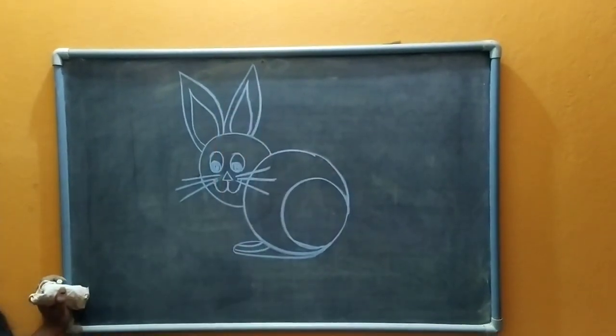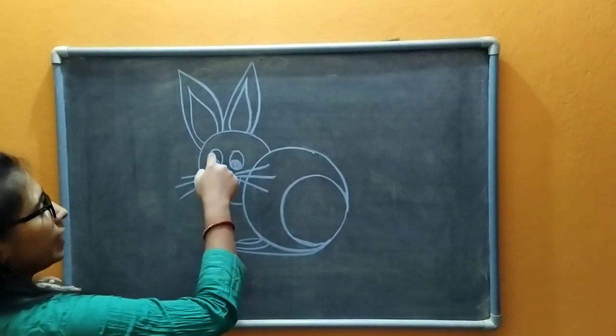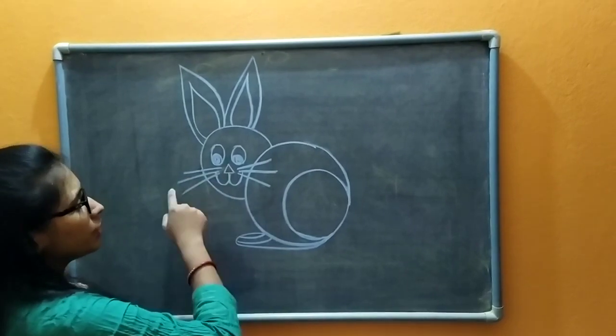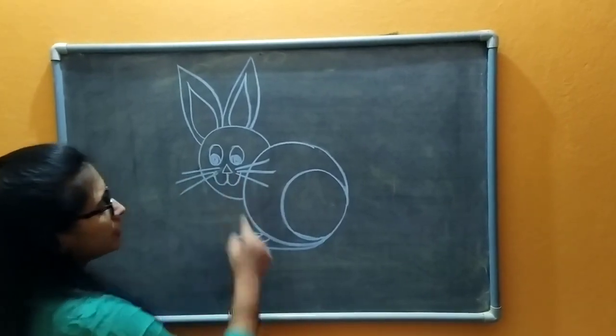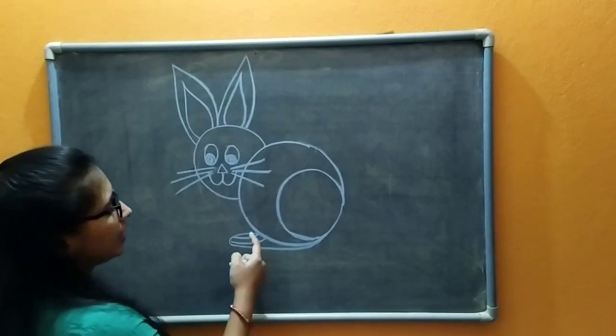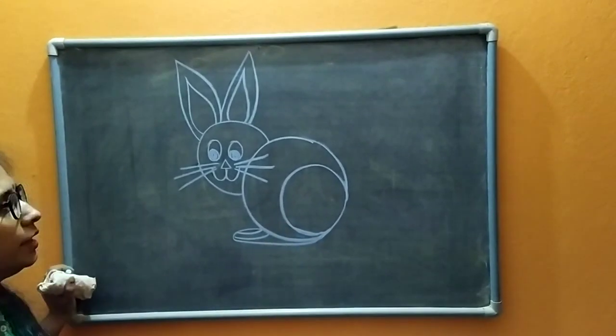Now it is looking beautiful, right? Then I have drawn 2 eyes, a nose, mustache, and smile. It is our rabbit, and at last I have drawn its feet.